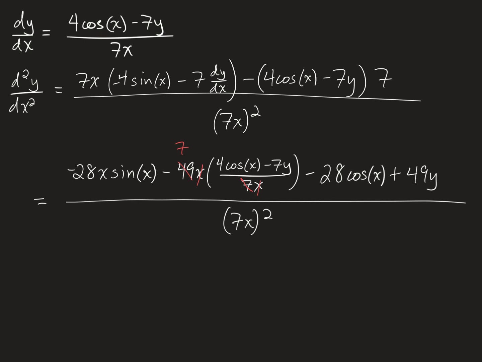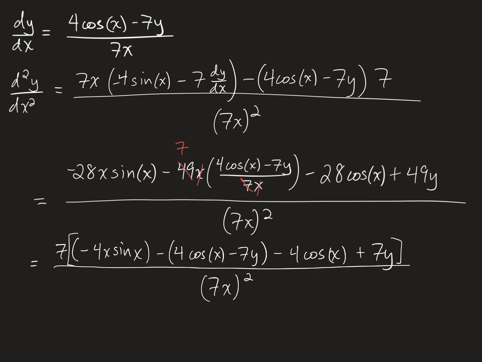The only other thing that I see can happen here is we can factor a 7 out of all of this stuff and combine a couple terms. Let me factor the 7 first. So there is the factored 7, and why we did that is so we can reduce a 7 here with a 7 here, leaving us with just a 7x squared without parentheses in the denominator.